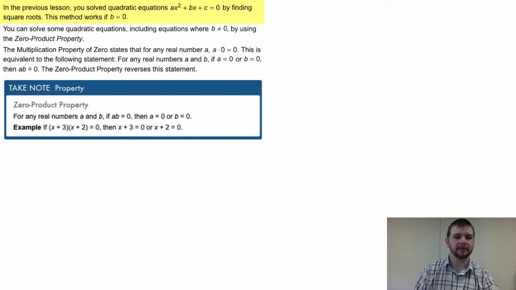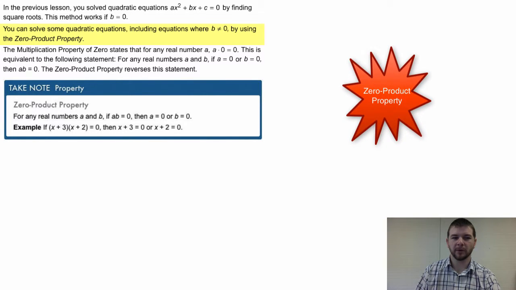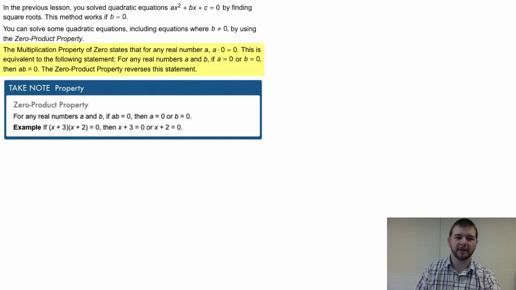In the previous lesson, you solved quadratic equations ax squared plus bx plus c equals 0 by finding square roots. This method works if b equals 0. You can solve some quadratic equations, including equations where b does not equal 0, by using the zero product property. The multiplication property of 0 states that for any real number a, a times 0 equals 0.